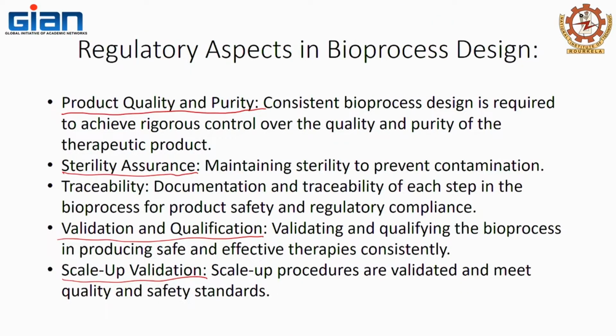Sterility assurance: maintaining sterility to prevent contamination. You have to maintain sterility to prevent contamination. You cannot expect any contamination anywhere. Traceability: documentation and traceability of each step in the bioprocess for product safety and regulatory compliance.